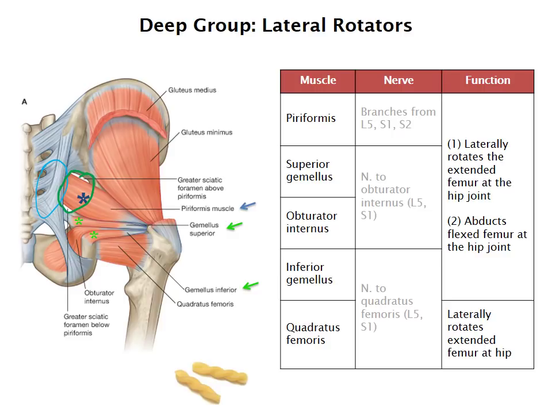There are two gemelli muscles. Gemelli means twins. They are thin muscles that sandwich the obturator internus muscle. So here we see the tendon of gemelli superior and then gemelli inferior with an obturator internus muscle traveling between the two.